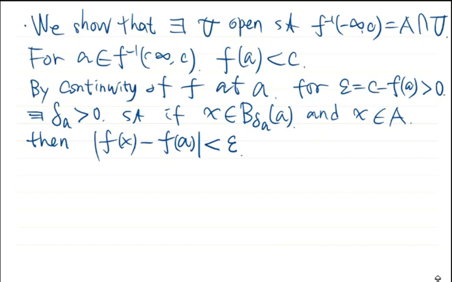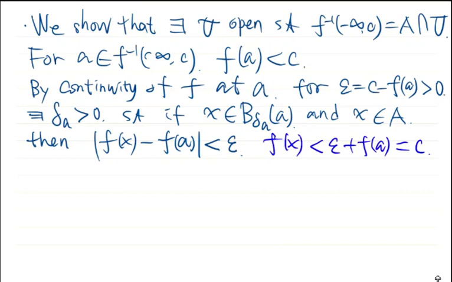This exactly implies that f(x) is less than epsilon plus f(a). This is c. Okay, so the role that the continuity of f played in our argument is this. For every a, we find this delta a.